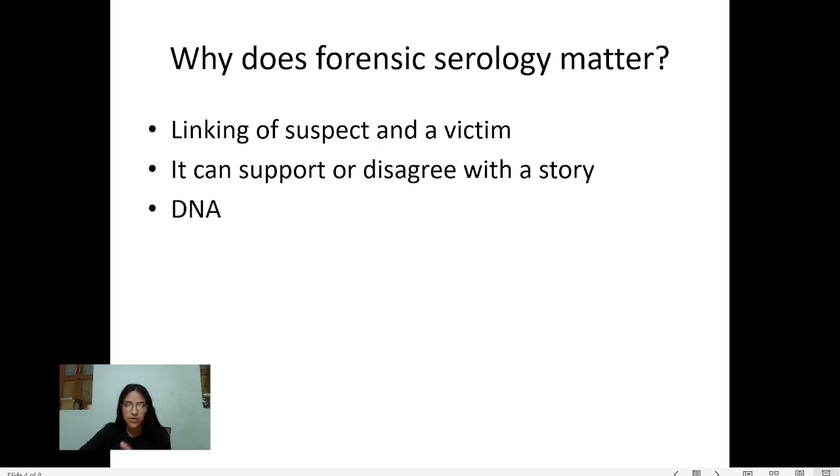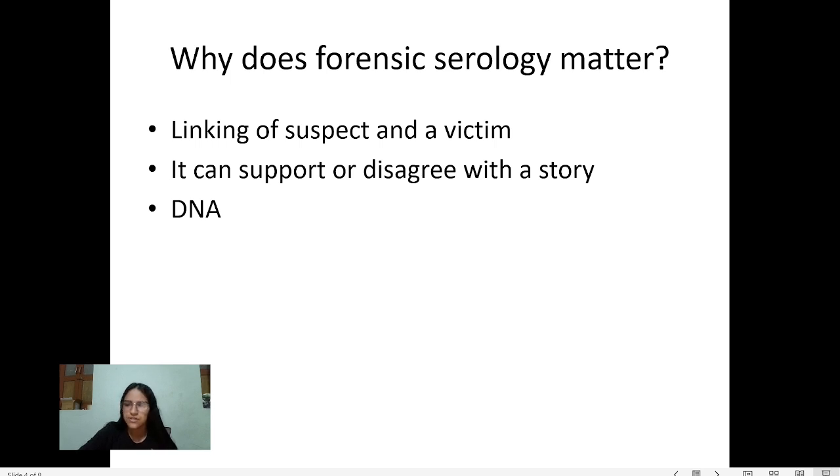Whether the person was there before, during, or after the crime, the statement that he has never been to this place is excluded. So these kinds of things can be proven by forensic serology, which is very important.